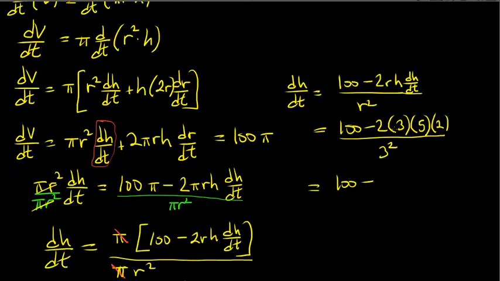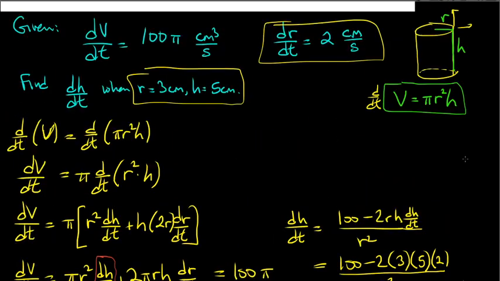So 100 minus, let's see, 15 times 4 is 60, and then 3 squared is 9. So 100 minus 60 is 40. So we get 40 divided by 9. And remember, h is in centimeters, and t is in seconds, right?